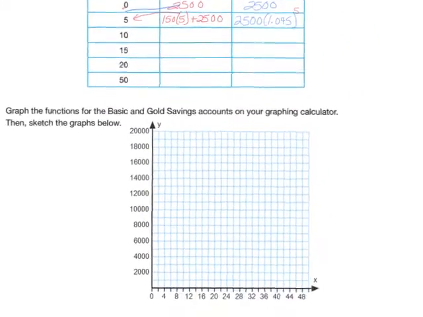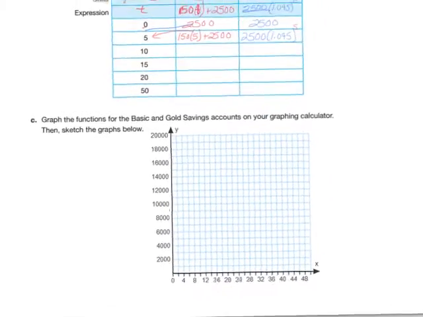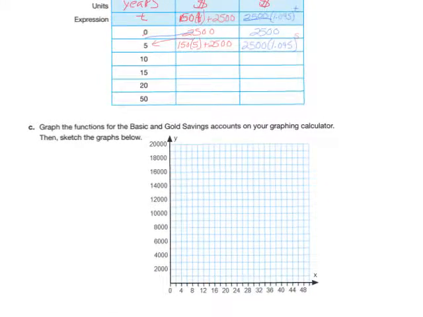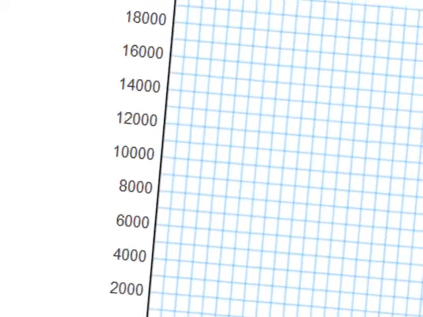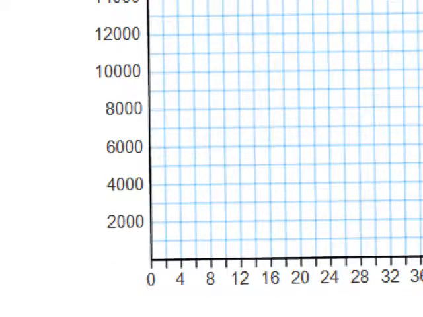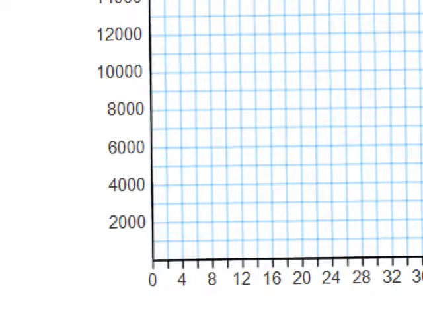All right, so when you actually do your graph, you want to say, all right, I'm going to use red for mine for the simple interest. It started at 2,500. Okay, so that's 2,000, 3,000. So I'm going to guess it's right around here. And when you get these kind of graphs, you want to be as close as you can, not too close.